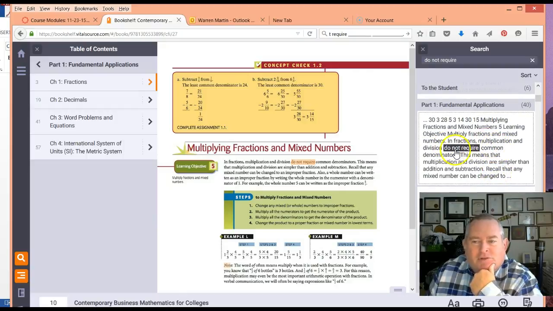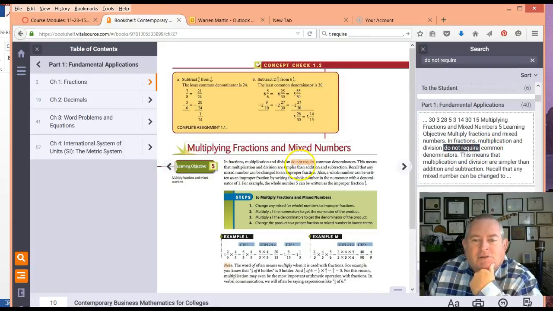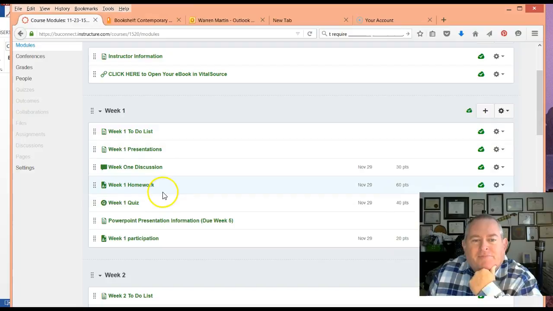In fact, it's the exact same question. When you click on it, it takes you to where it's at. So that's where the common denominator answer came from.